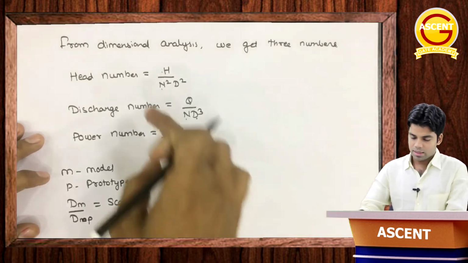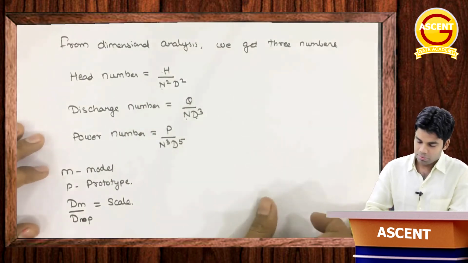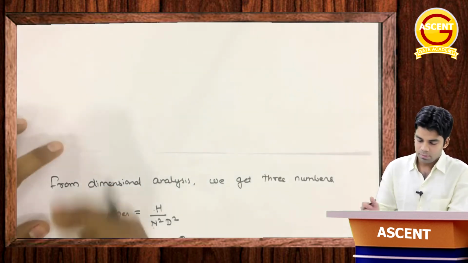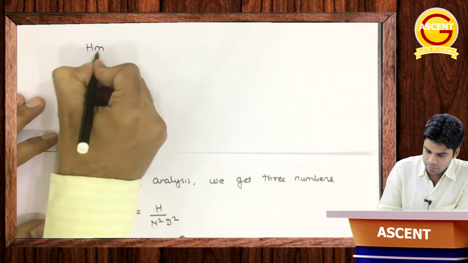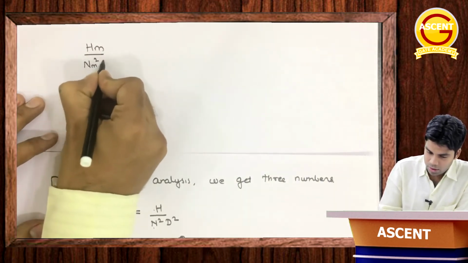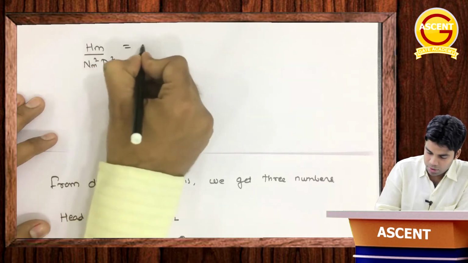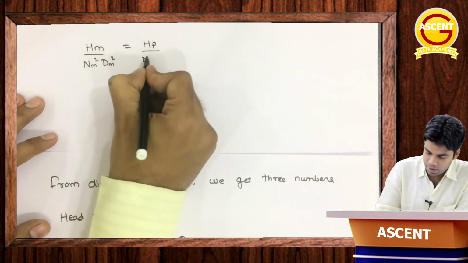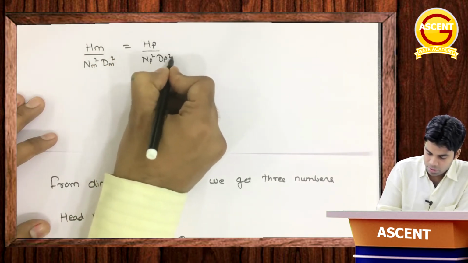Now these three numbers should be the same. That means Hm by Nm square Dm square should be equal to, for prototype, Hp by Np square Dp square.